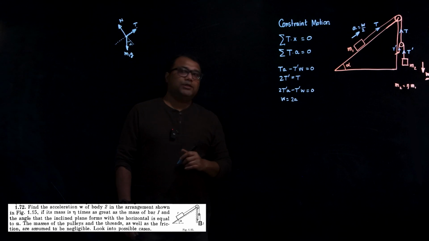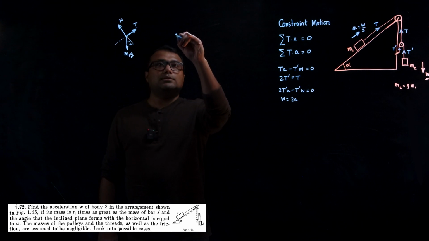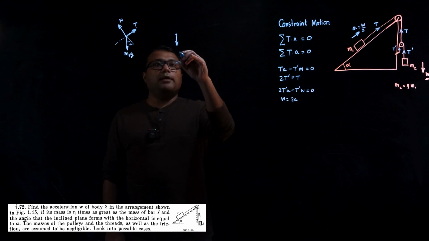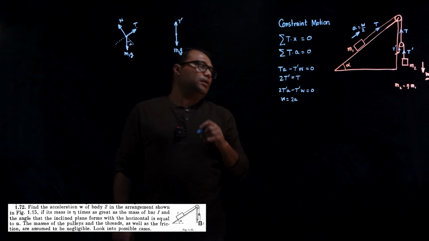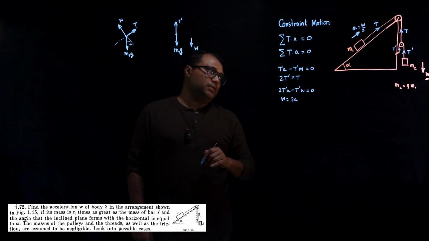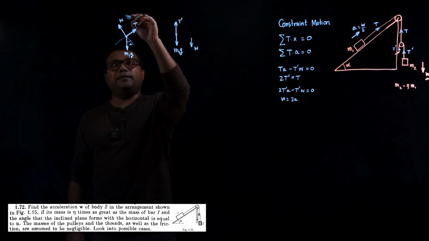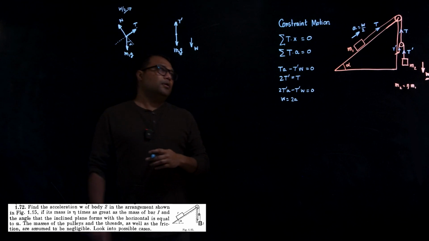Okay, no friction. And for M2 we have M2G and T dashed, and M2 is going down with acceleration W, and M1 is going this way with acceleration W by 2.